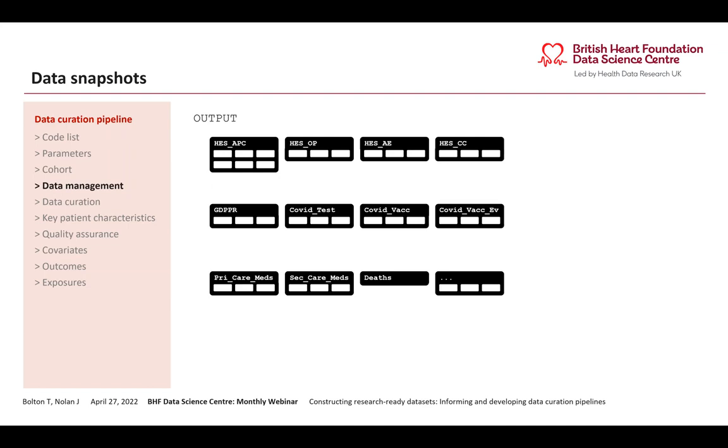For example, for GDPPR, which originally contained 7.6 billion records, after we joined to our 770,000 cohorts, this results in a data snapshot of 70 million records, so less than 1% of the original. This stage is obviously not applicable to all projects. For example, the population-wide cohorts where all of the data is being used.